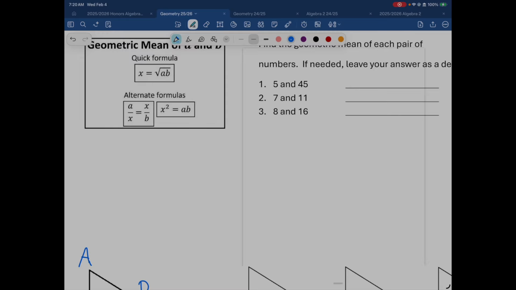And then the alternate formula, a over x is equal to x over b, which if you just cross multiply like we've been doing gives you x squared is equal to ab, which you take the square root of, and you have x is equal to the square root of ab, which is what we've been looking at as far as cross multiplying when we were working with ratios and proportions earlier in this unit.